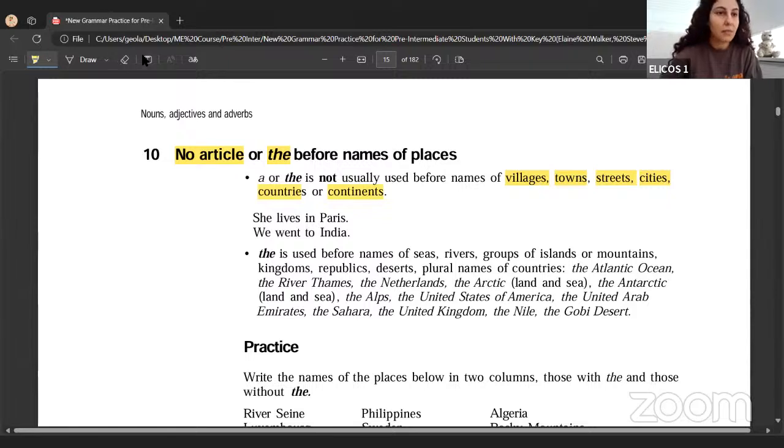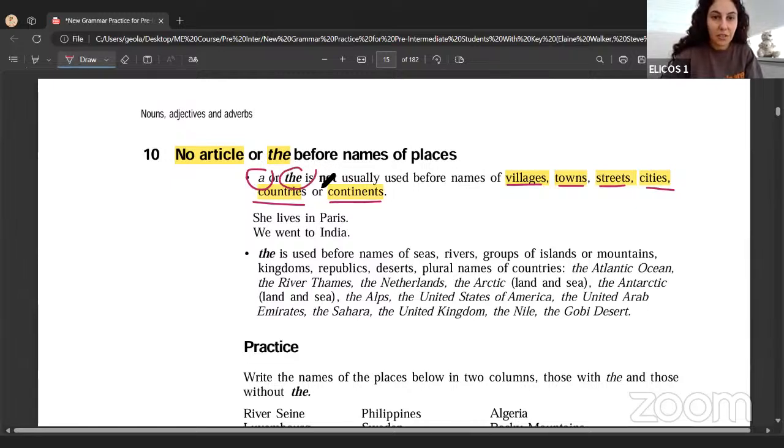So villages, whatever the name of the village is, town, the name of the town, the street, you know, Peary Street, the city, Adelaide, I live in Adelaide, country, I love Australia, continent, Australia is a continent, Africa is a continent. So with these types of words, we don't put a or the.